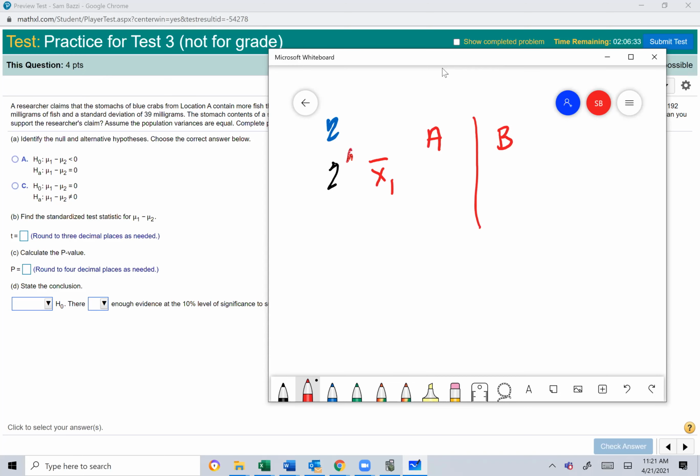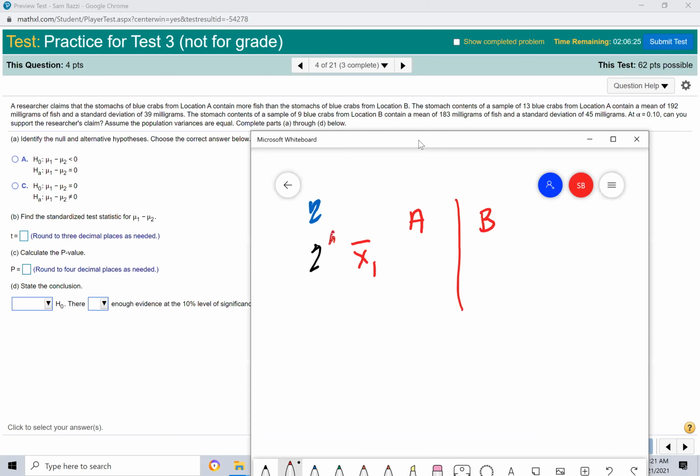Mean of 192 and a standard deviation of 39. And how many blue crabs from location A? We have 13, N1 is 13. Let's go to location B now. Contains a sample of 9, so N2 is 9. X2 bar is 183. And S2 is 45.